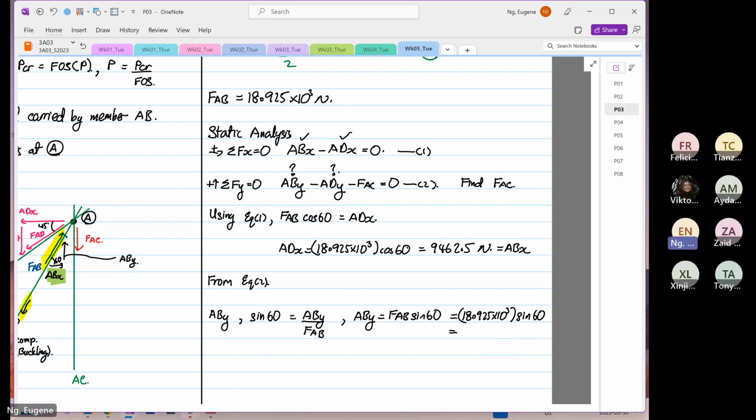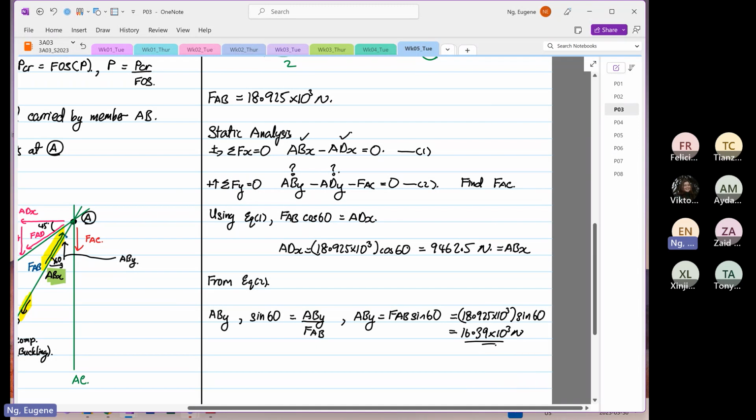So 18.925 power 3 times sine 60 is equal to 16.389 or 16.39 times 10 to the power 3 Newton.